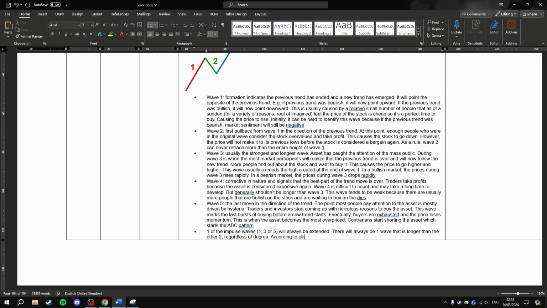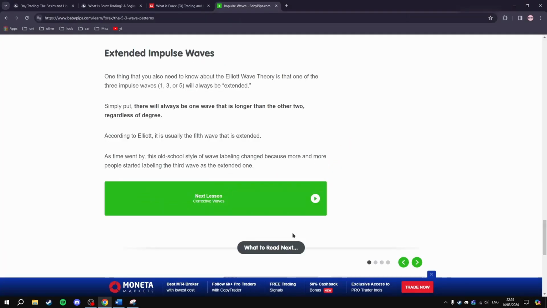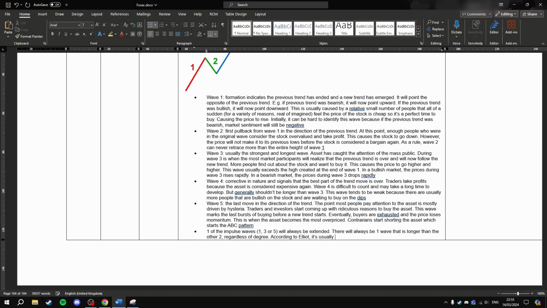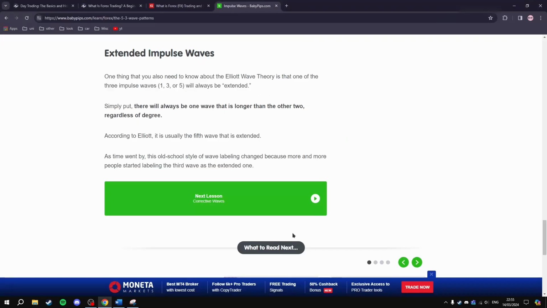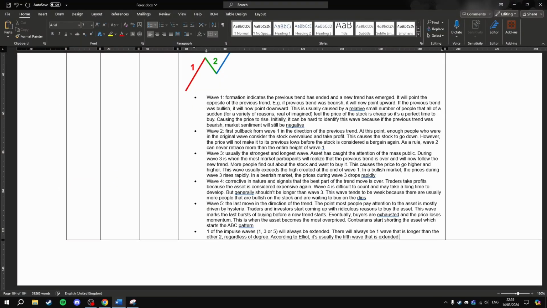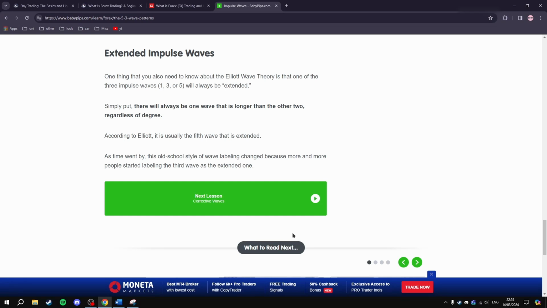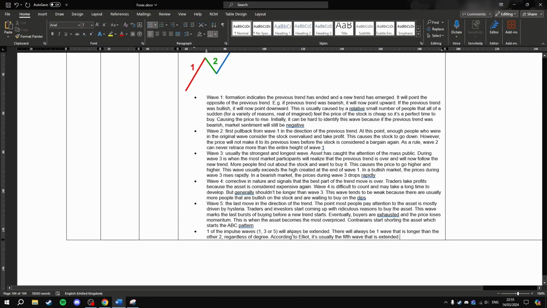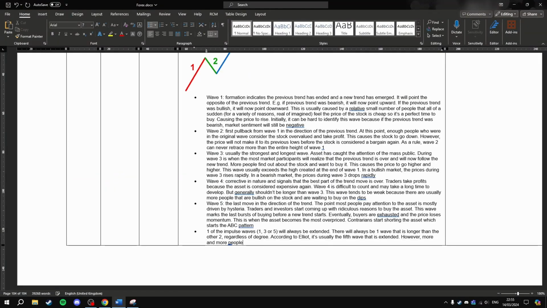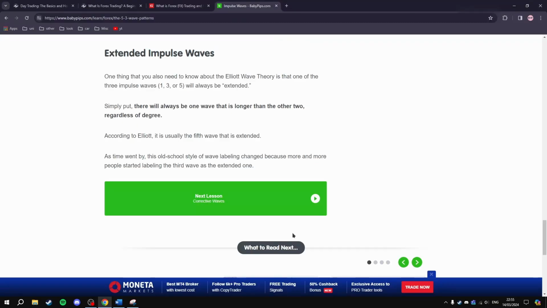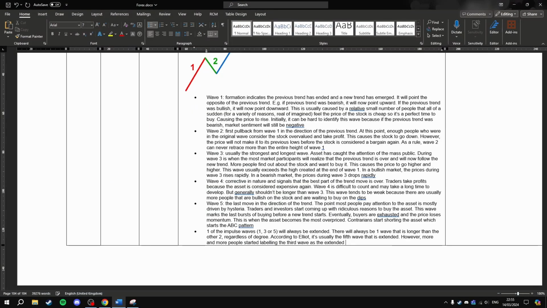As time went by, this old school style of wave labeling changed, because more and more people started labeling the 3rd wave as the extended one.